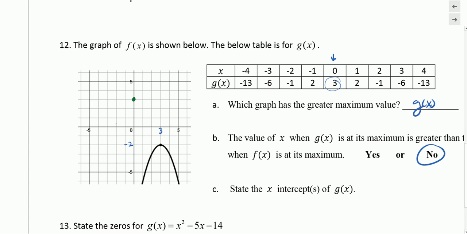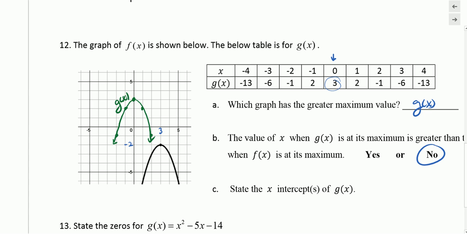And then the points negative 1, 2, and 1, 2. Then negative 2, negative 1, and 2, negative 1. So just look at that piece of the graph, and we're looking for the x-intercepts of g of x. Green one's g of x.